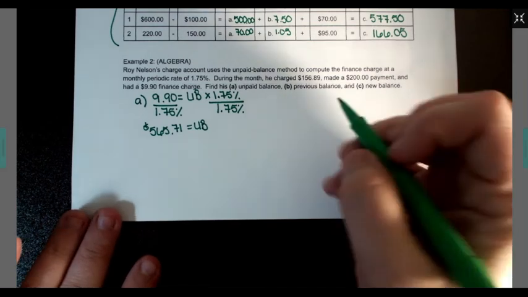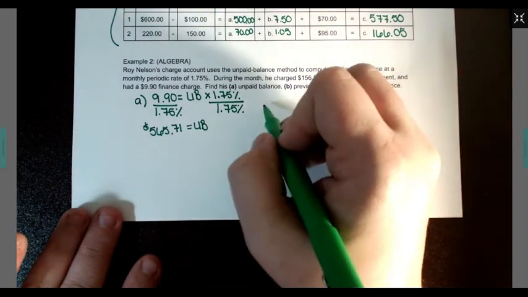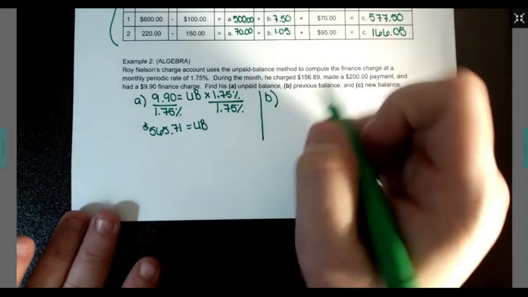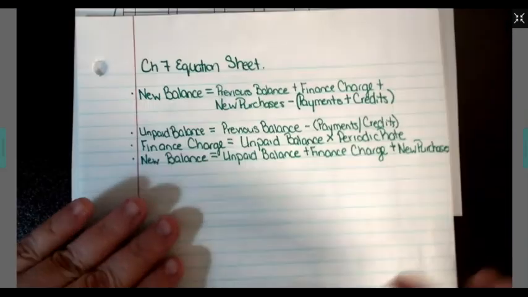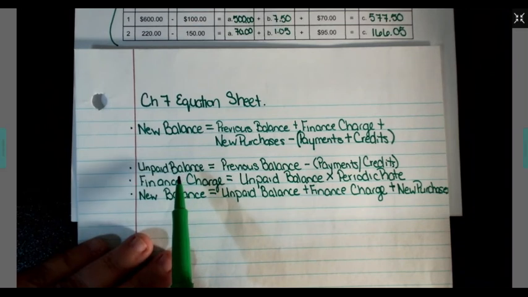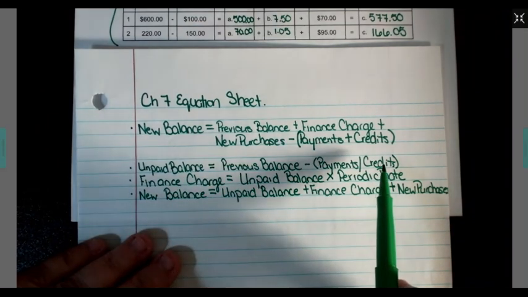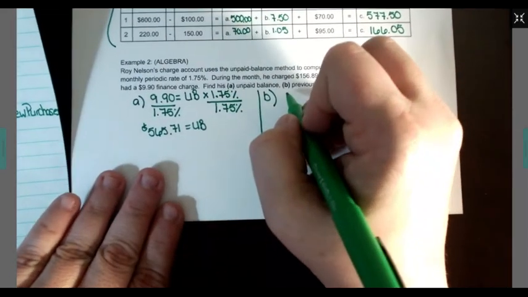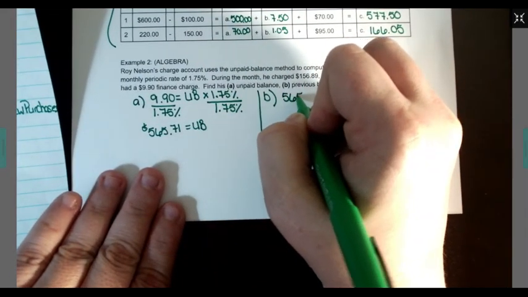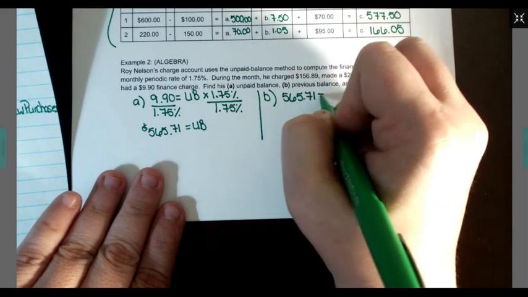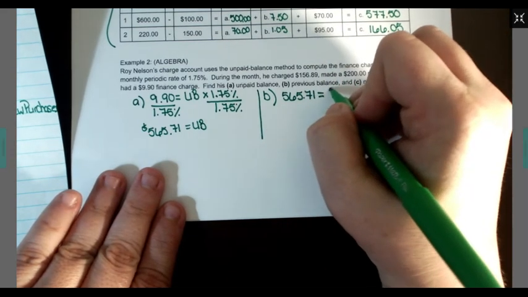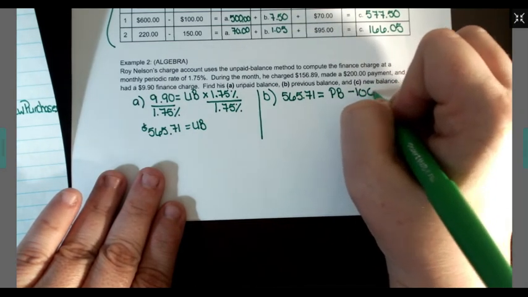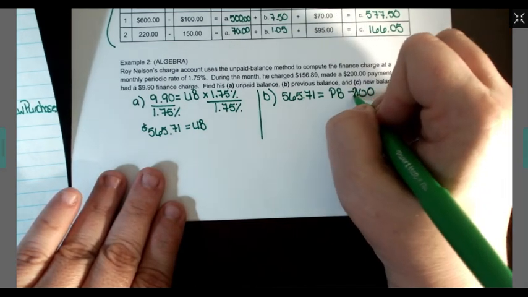Okay. The second thing says find your previous balance. Well, I can use this top equation. I now know my unpaid balance and I know my payments and credits. I'm looking for the previous balance. So we're going to say 565.71 equals previous balance minus 200, because that's my payments and credits.